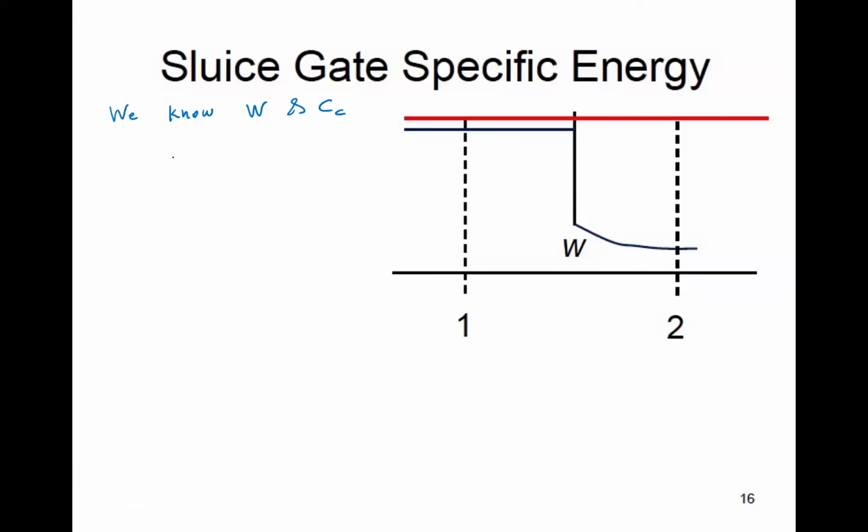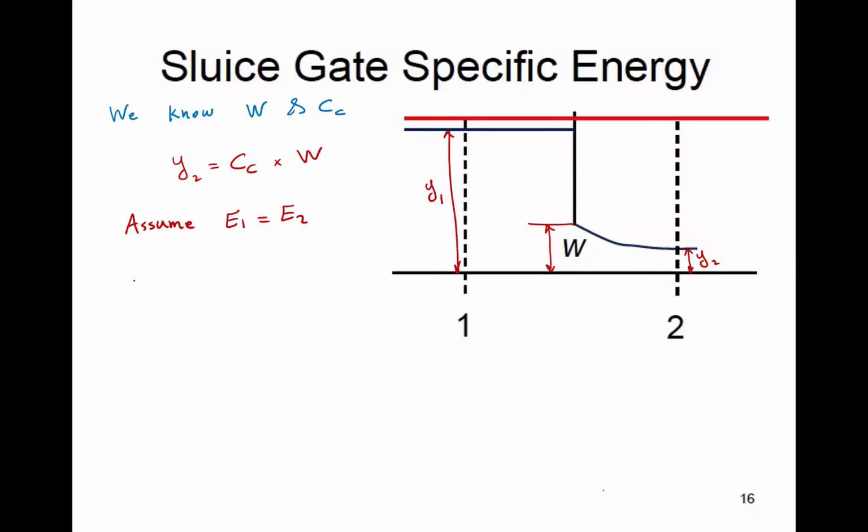So we know that the depth downstream will be equal to CC times the opening. That's W, and this is Y2, and this is Y1. Let's assume that we have no energy loss at the gate, so E1 is equal to E2.